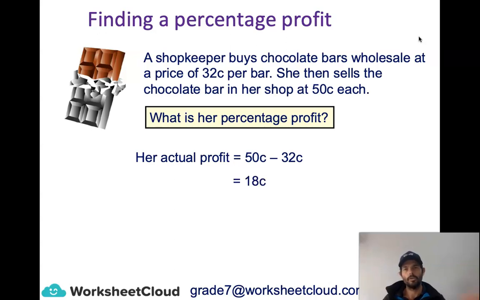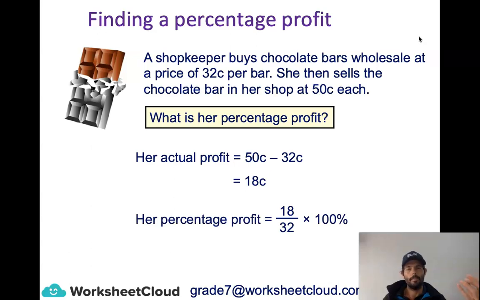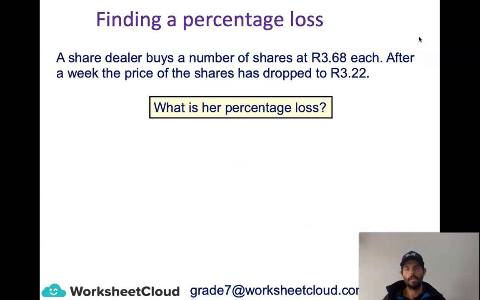She bought for 32, she sells for 50. So she makes 18 cents profit on each chocolate bar. And again, we put the 18 cents over the original amount, convert that to a percentage, and we should get 56.25%.